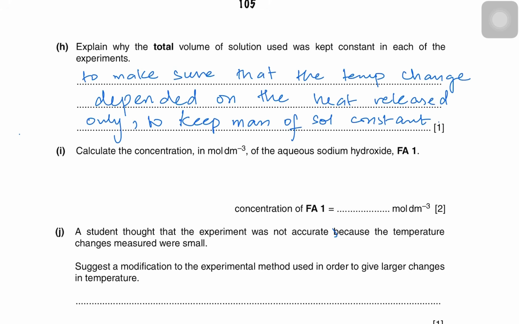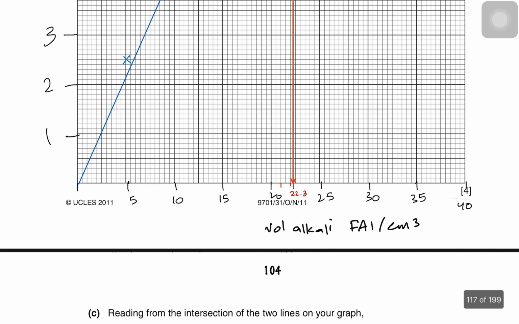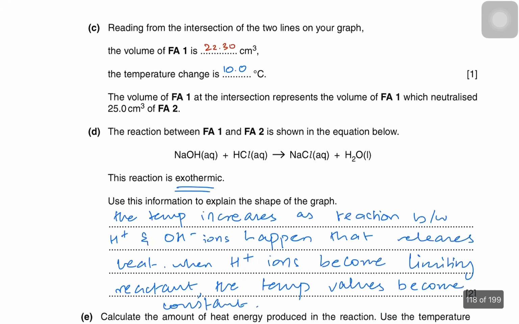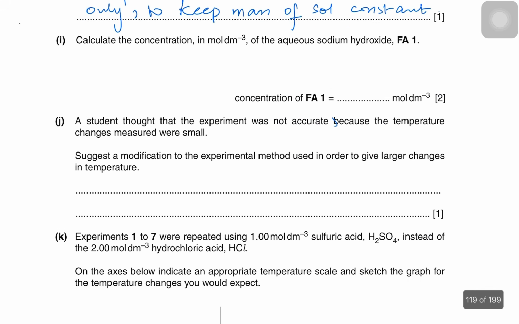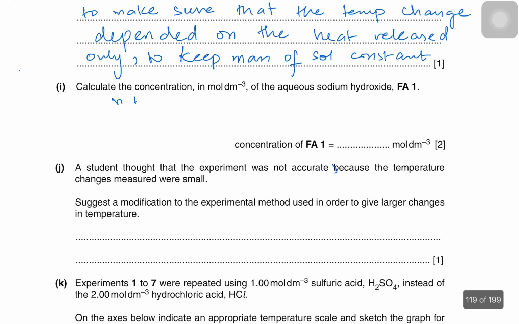Calculate the concentration in mole per decimeter cube of aqueous sodium hydroxide. So that is again easy. You can see the volume taken is 22.3, right? So moles of H plus ions is equal to 0.050 mole. This is the acid that you used. Moles of H plus and moles of OH minus ions have a ratio of 1:1.